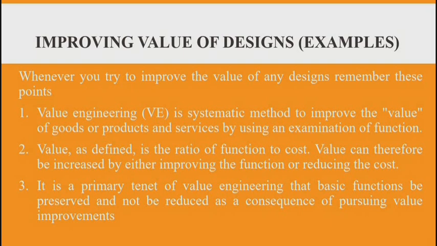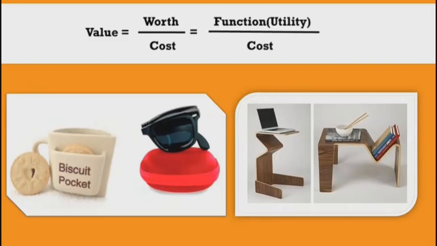Okay, so the primary tenet of value is that the basic engineering functions are preserved, not the perceived importance. As you know, value is giving the worth by the cost, so it is function per cost, or utility per cost. You can see the biscuit pocket, see in the first you can see the cup.